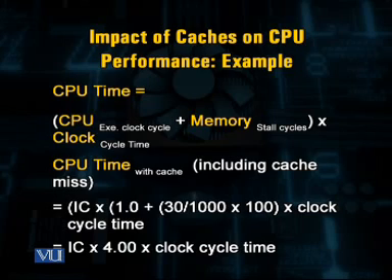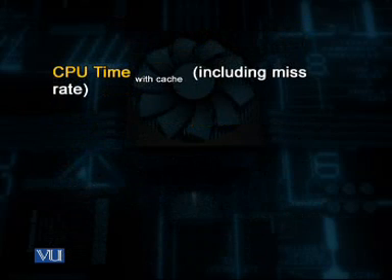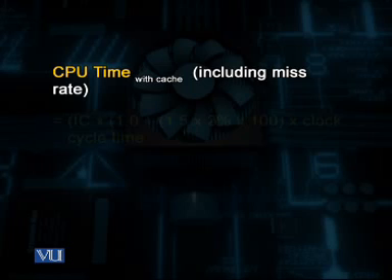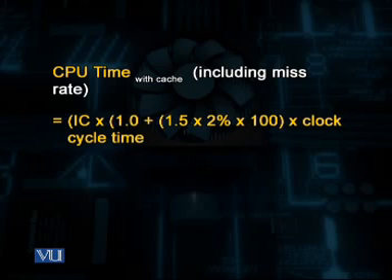We can also find the CPU time with cache, that is including the miss rate, as it is expressed over here, equal to instruction count multiplied by 1, which is the hit rate, plus 1.5 multiplied by 2%, and all these values multiplied by 100.